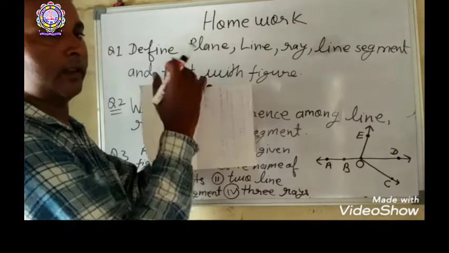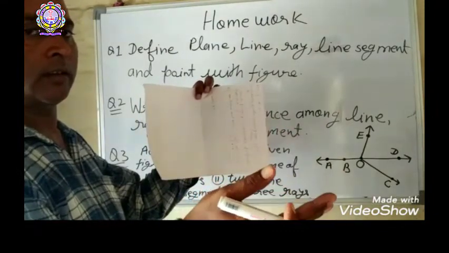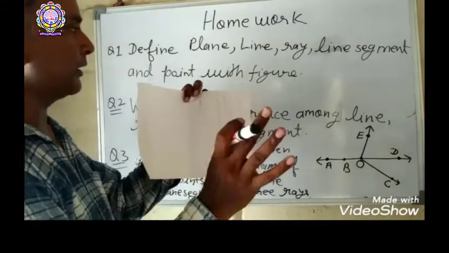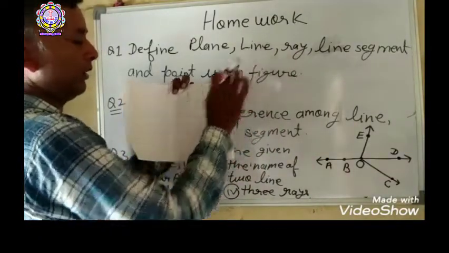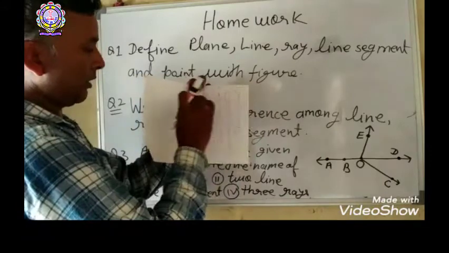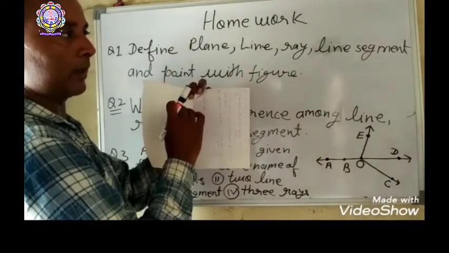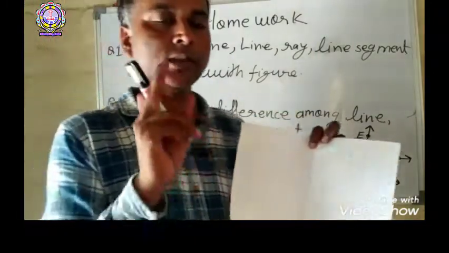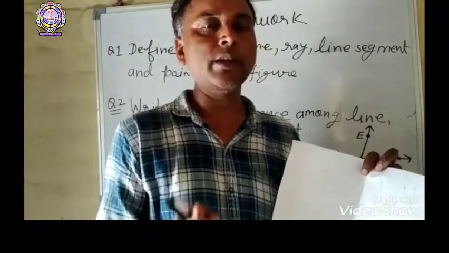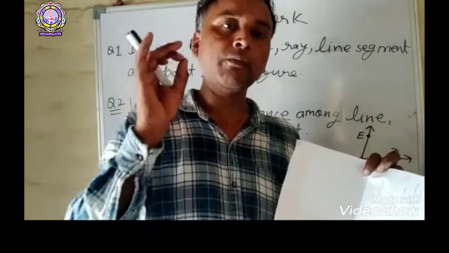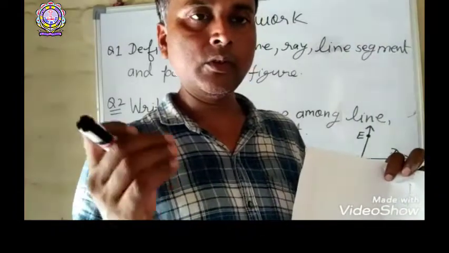Plane means like rectangle, circle, square, etc. Then number 2, you write line, the definition of line, and the figure of line, and name it properly. Draw all the figures with the help of a pencil. Don't use a pen to draw the figure, and use the proper scale, protractor, compass where you need.